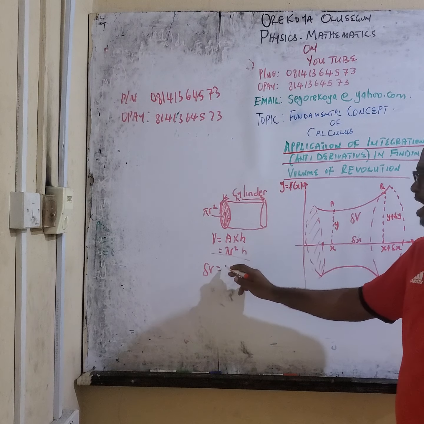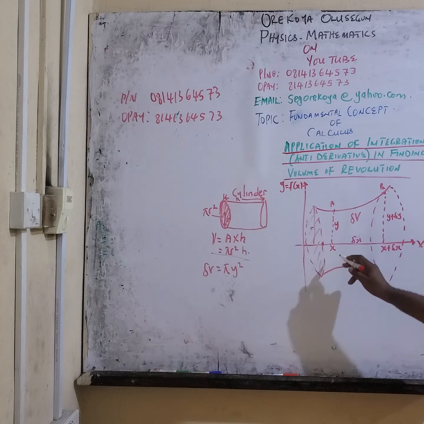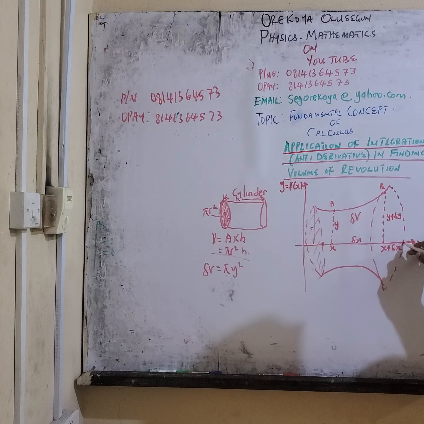So I will have pi y squared, then h is the height of this solid, which from here to here is delta x. So I'll put delta x here.